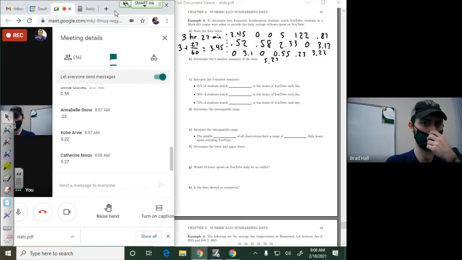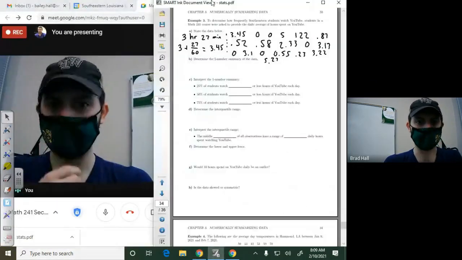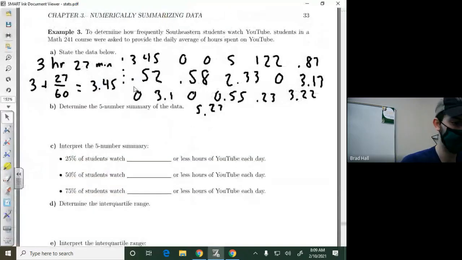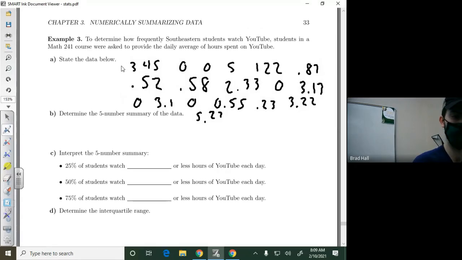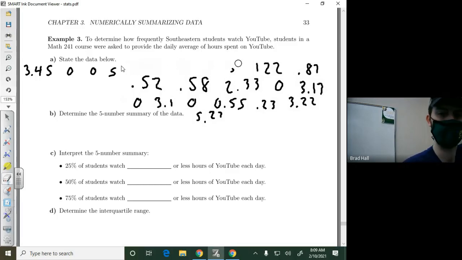Okay, cool. So enlarge that, bring this back. Let's clean this up a little bit. Okay, so we got a considerable amount of data we can work with. So let's see. 3.45, 0, 0, 5, 2, 0, 5.